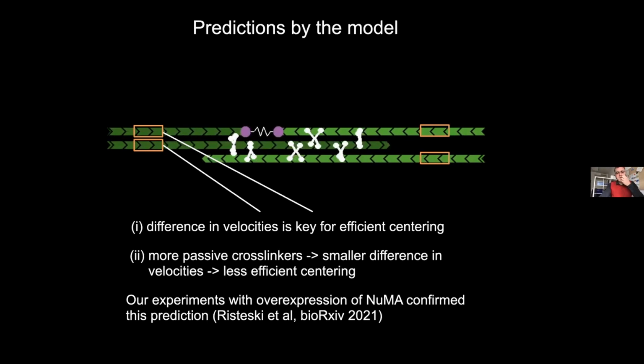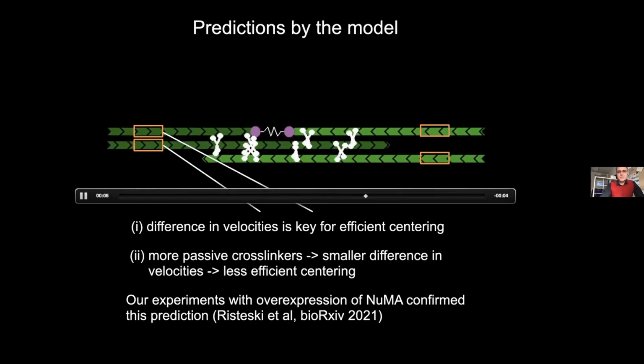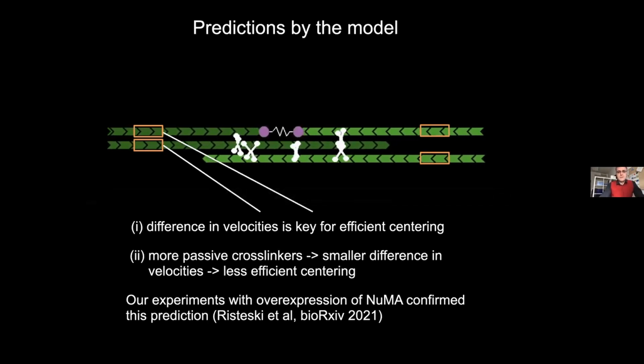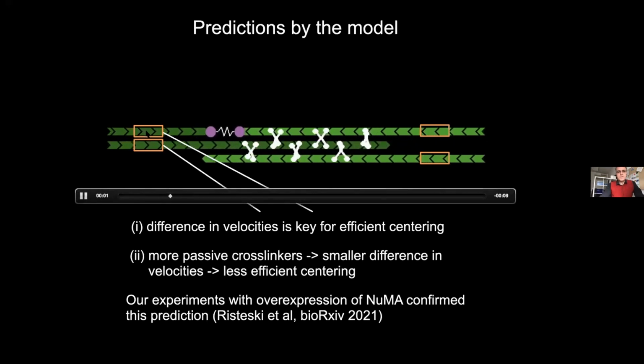So this is the first prediction of the model, and what is more important to emphasize here is that it's not only a prediction of this model, it's key for getting efficient centering. If there is no such difference in polar fluxes, there is no centering mechanism by these length-dependent pulling forces.